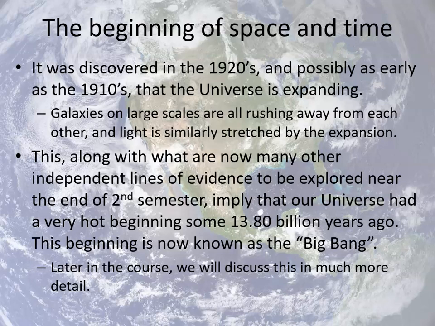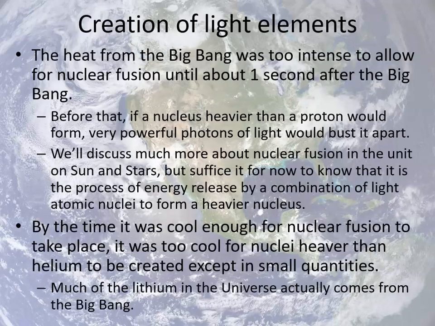And of course, we're going to discuss this in a lot more detail. This led to the concept of the Big Bang, especially when this was put on a mathematical footing with the help of general relativity. So, the Big Bang.